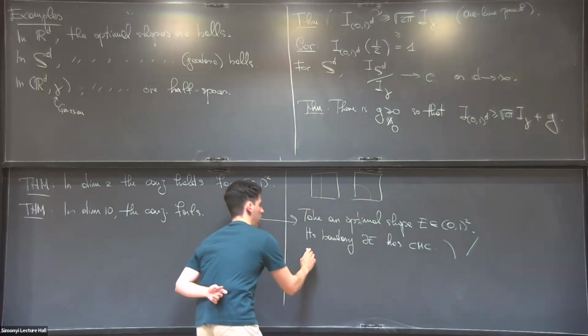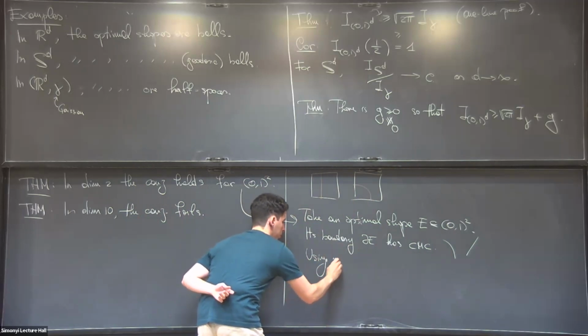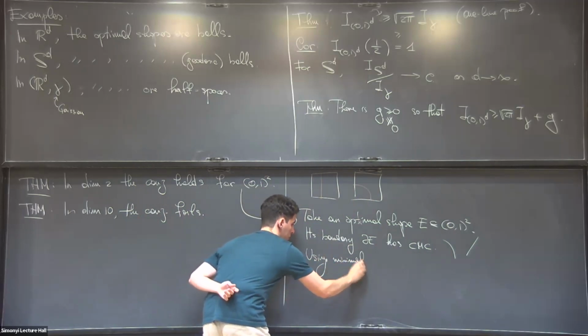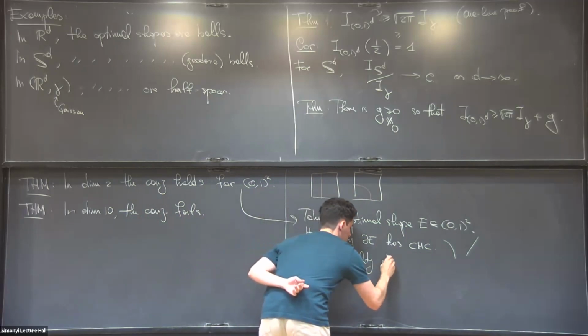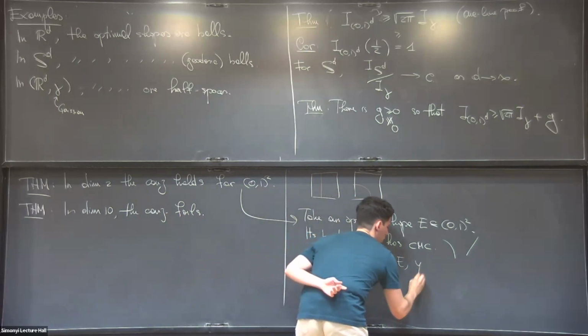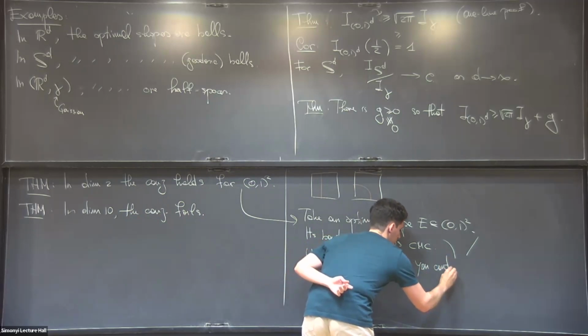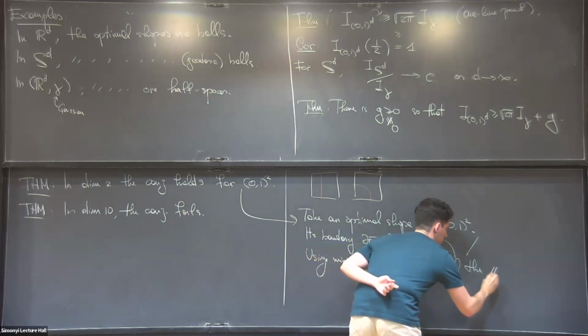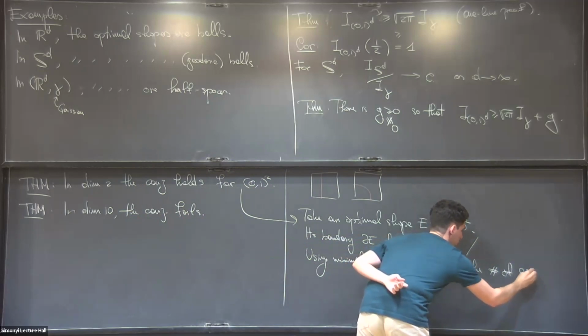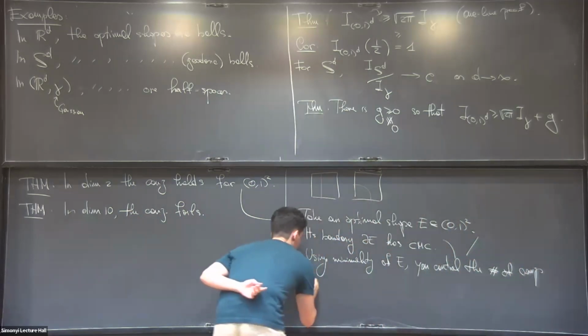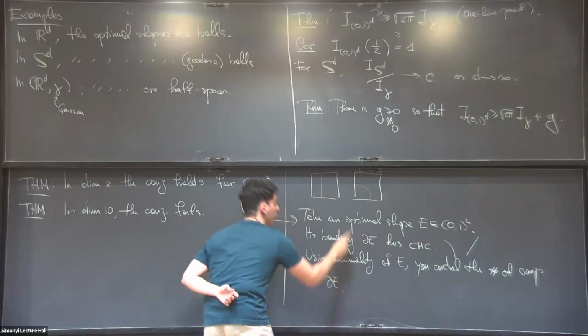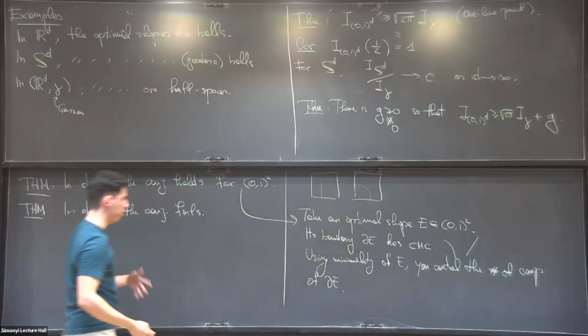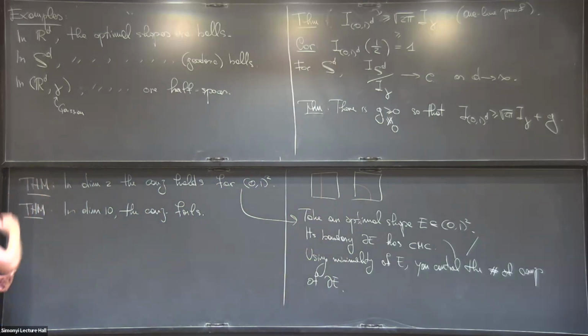And then using minimality of E, you control the number of components of the boundary. And this rules out more or less everything but the two options that you know are what you want to prove, like the only optimal shapes, and this gives you a proof in dimension 2. What we are trying to do with a collaborator is to repeat a similar scheme also in dimension 3. Thank you very much for listening.